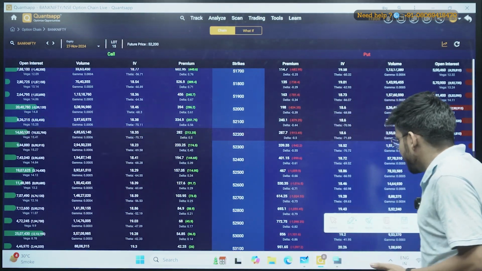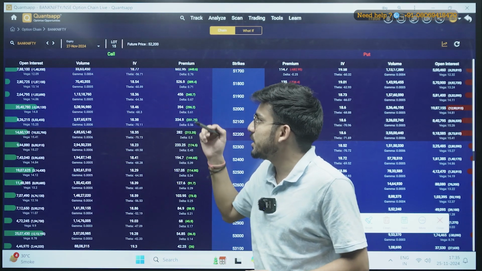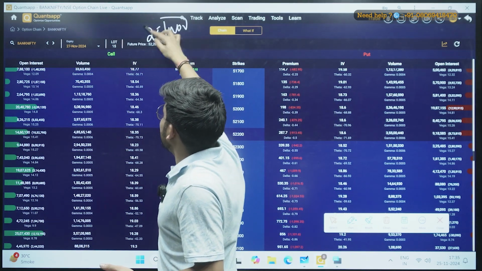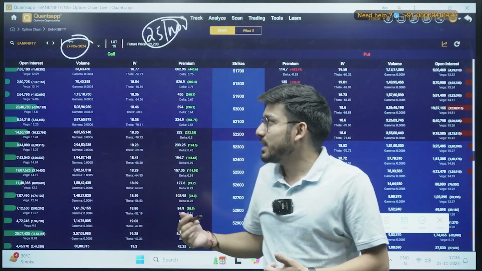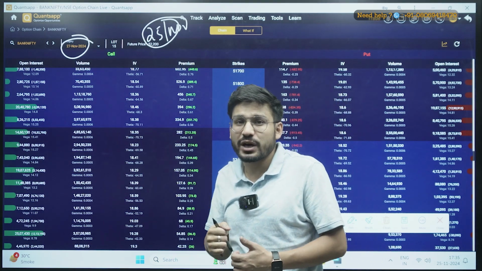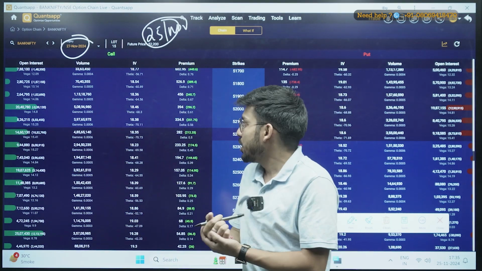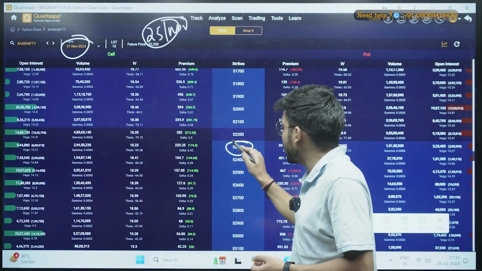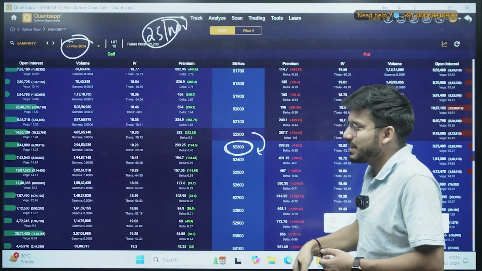Now the question remains, what if my market is very close to the expiry? Suppose we take today's scenario, the date is 25th November and the expiry is 27th November, so I'm very close to expiry. At the time when you are trading on the expiry, or there is just 1 day left to expiry, you can go with the OTM options, one down OTM, not very deep in the OTM.